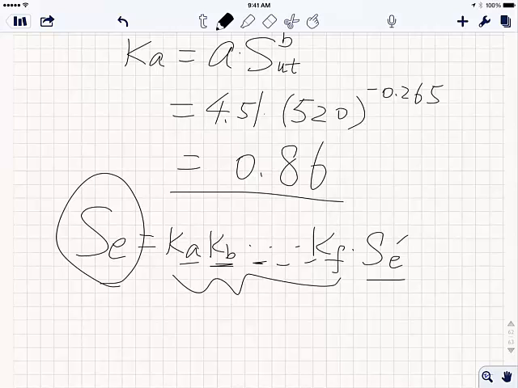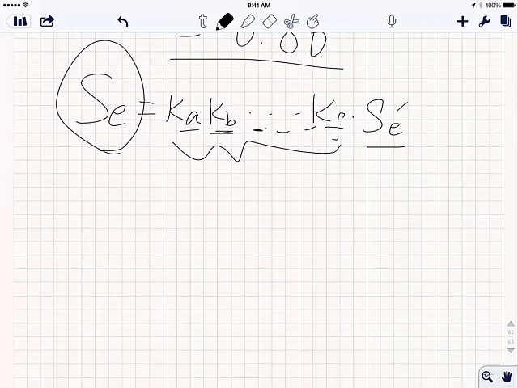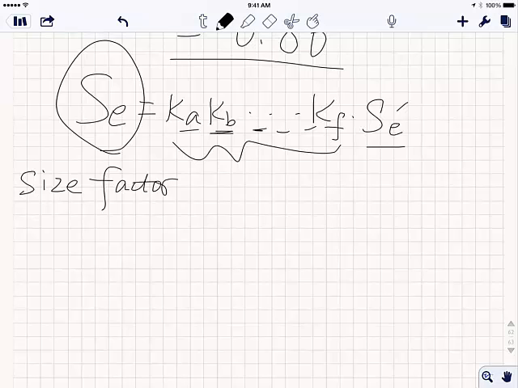All right, size factor. It's considered as two different components here.